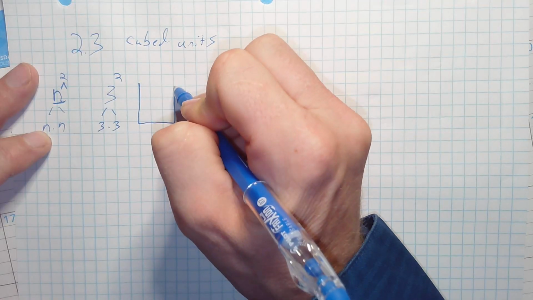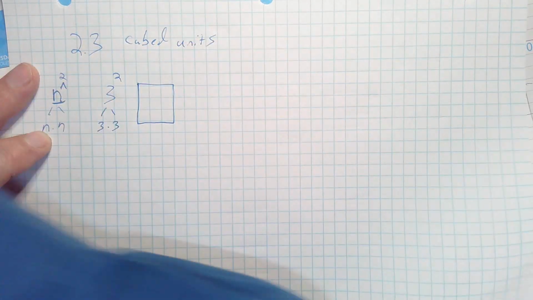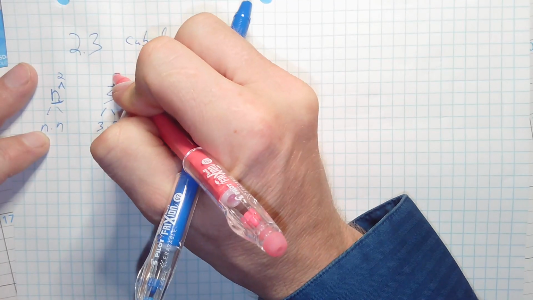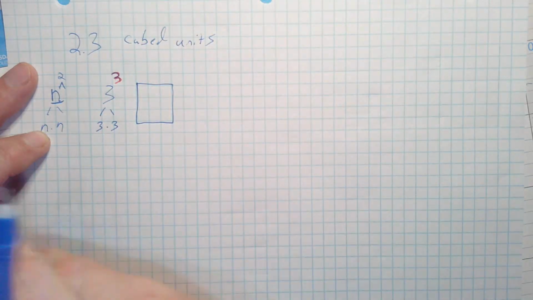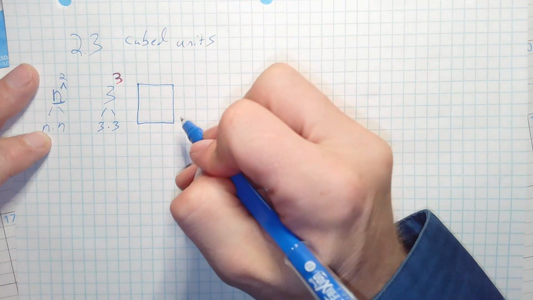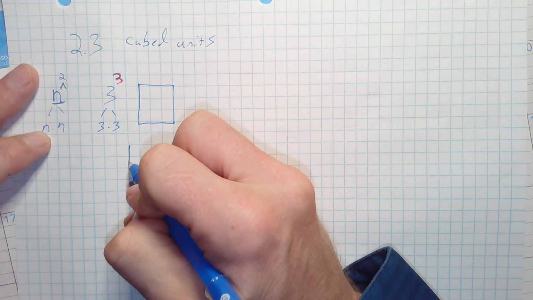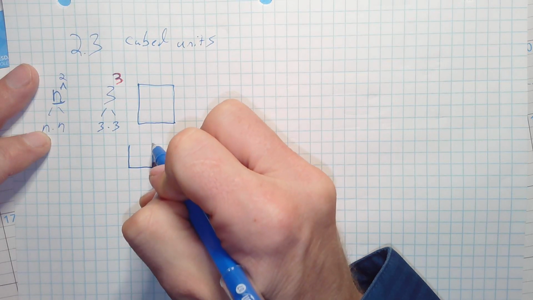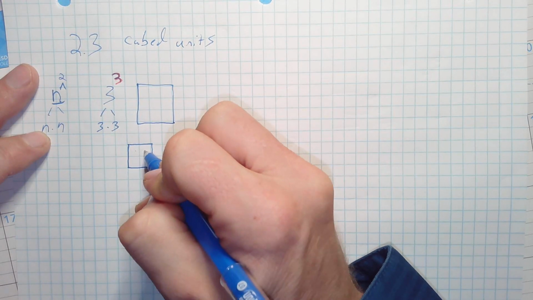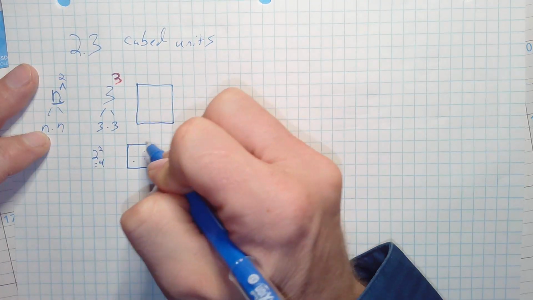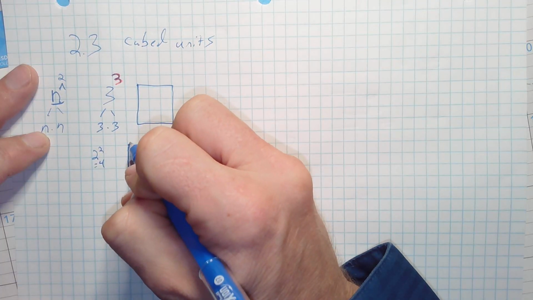But say for instance I want to change this to a third. Now I'm adding a depth to it. Let's do a 2 first, so it's 2 squared: 1, 2, 3, 4. So 2 squared equals 4. It's 2 rows of 2, but now I have to go 2 rows back.